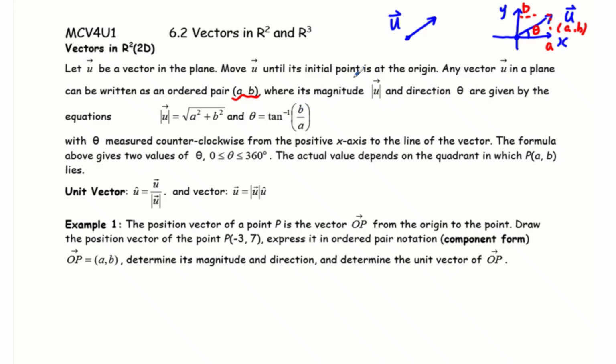Opposite is B, adjacent is A, so B over A. So this is either in ordered pairs, or you could give the magnitude and the angle, and both represent a vector. Theta measures counterclockwise from the positive x direction. We call it the principal angle.